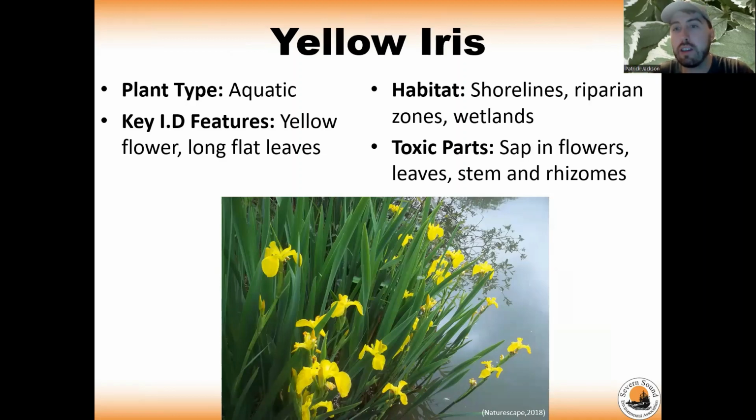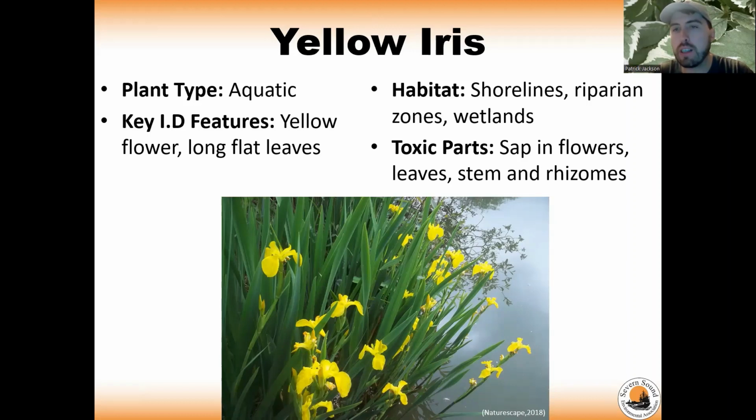One of the key ID features, obviously, is that it has a yellow flower, thus the name yellow iris, unlike its cousin, the blue flag iris, and it's going to have really thick, long, flat leaves. As I said, it likes shorelines and wetlands. The sap is what you want to watch out for with yellow iris because it can give you contact dermatitis if you get that sap on you.